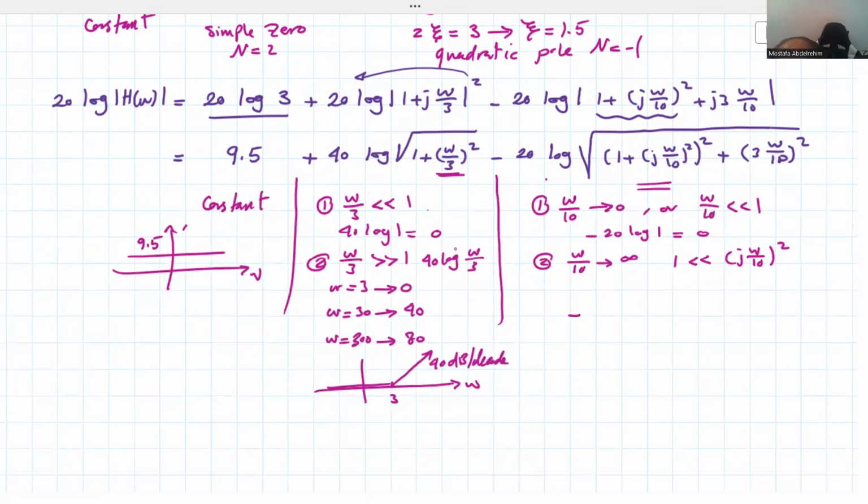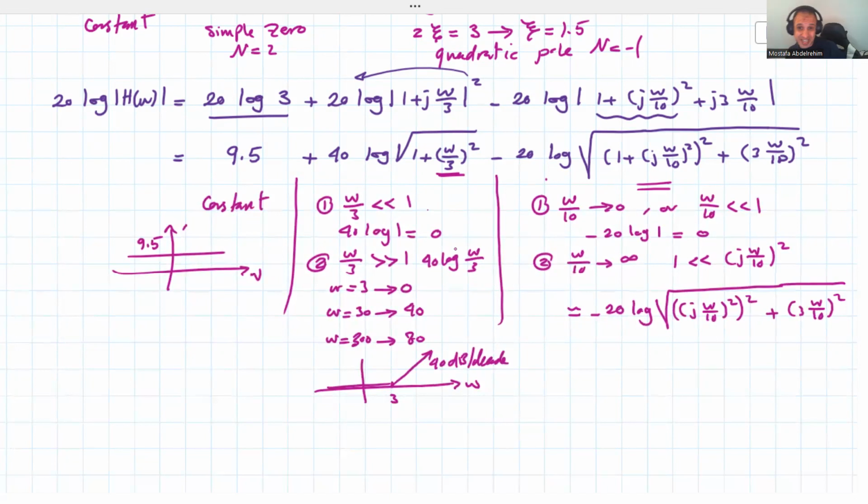In that case, the first approximation will be log square root of omega over 10 squared, then another square, there are two squares there, plus 3 omega over 10.